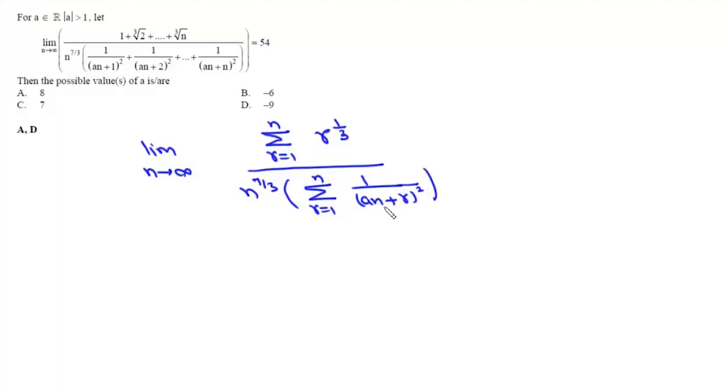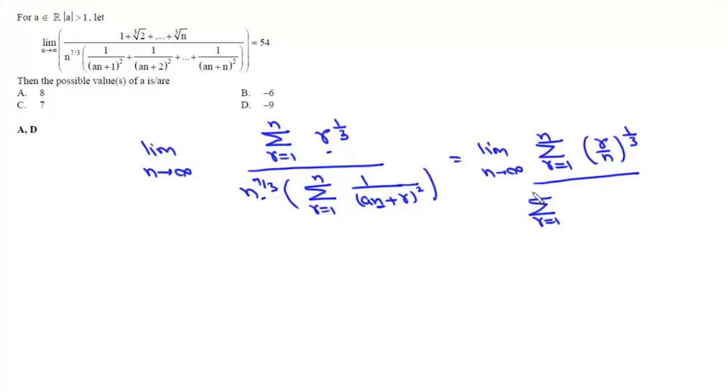Now here we'll take n square common, so we can write this as limit n tends to infinity. Now n square will cancel with n square, we'll get n to the power 1 by 3, and we'll take n to the power 1 by 3 with r to the power 1 by 3. So we can write this as summation r varies from 1 to n, r by n to the power 1 by 3, and here will be summation r varies from 1 to n, 1 upon a plus r by n whole square.